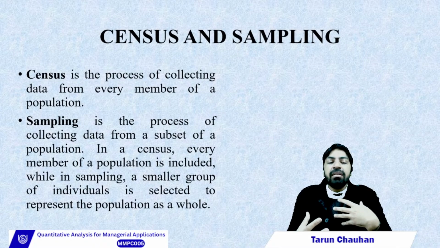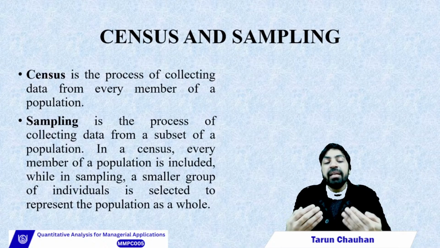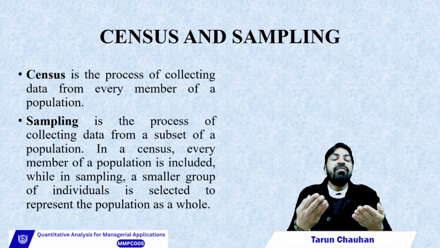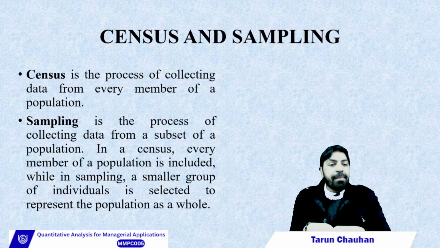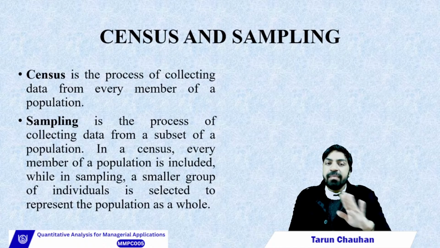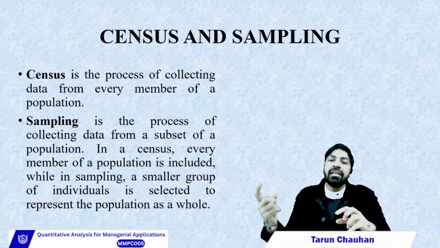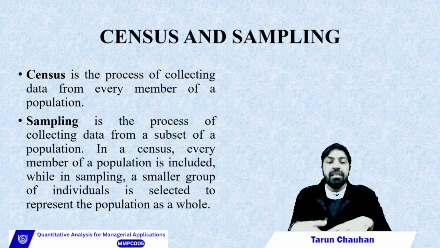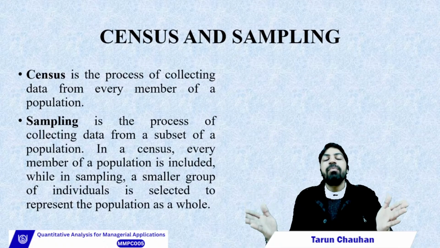In sampling, the data is collected from a small part of the population. So in a census, every member of the population is included, while in sampling, only a small group is selected from the population, one that represents the whole population.